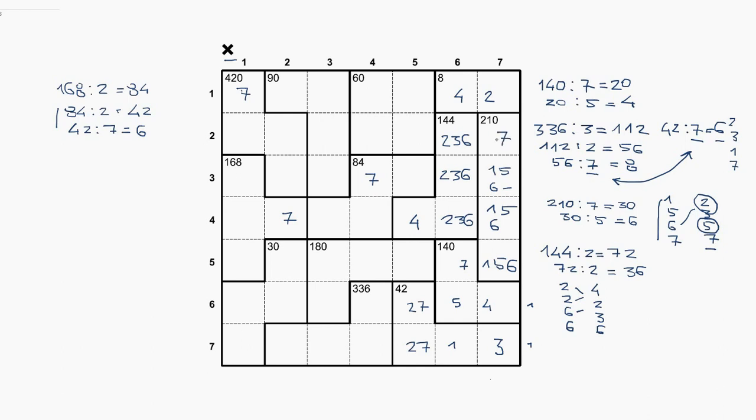What else? Here number 336 has also number 7 because this is the combination. 336 is a number 7 here, and the numbers which are a combination of numbers 4, 7 and 1.